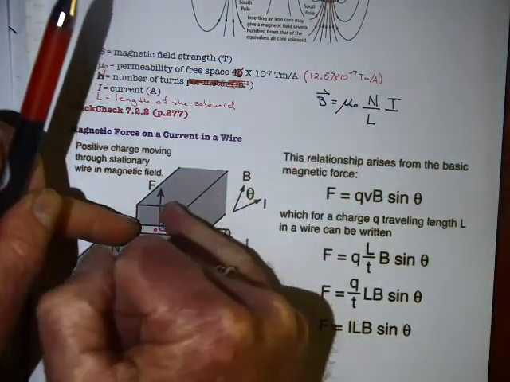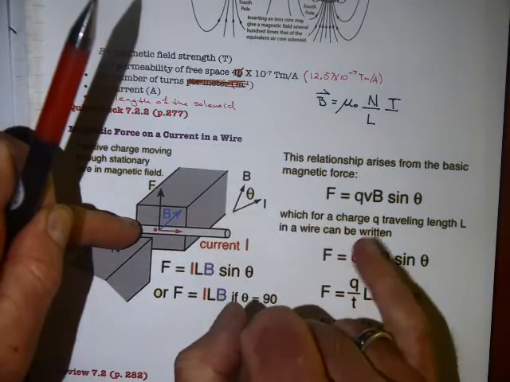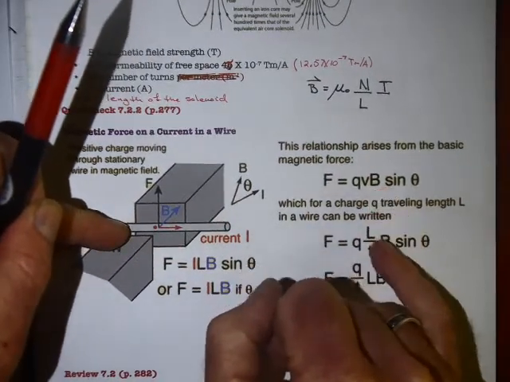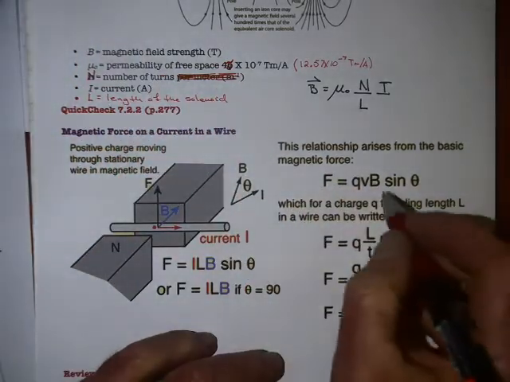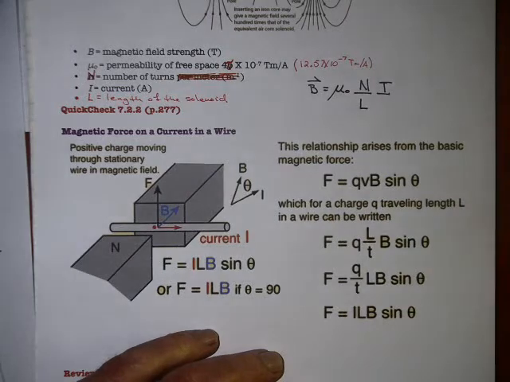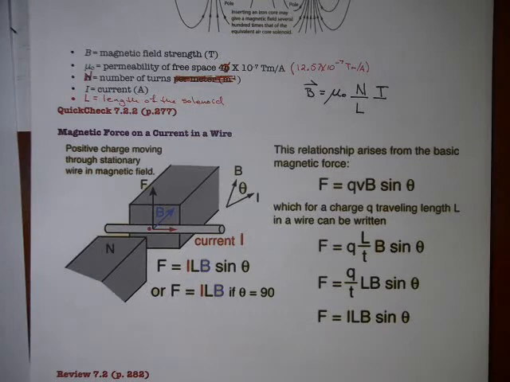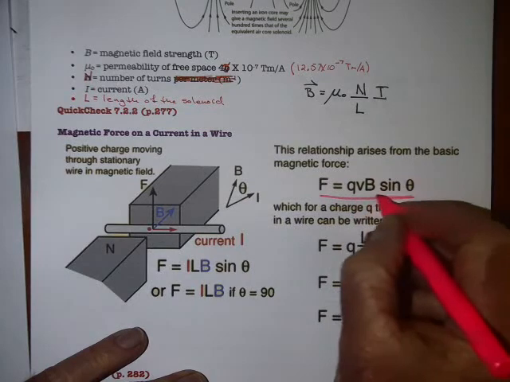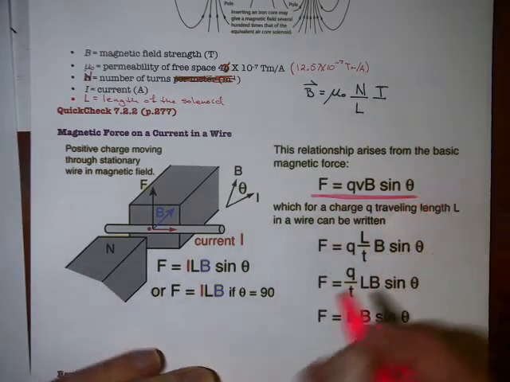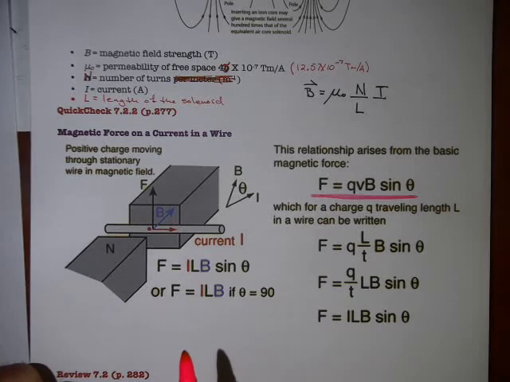That will give you a sense of what the directionality is, but this here is going to tell you how to calculate that. This is the basic formula that we looked at earlier on, our starting point for determining force, given the charge, the velocity, and the magnetic field strength.